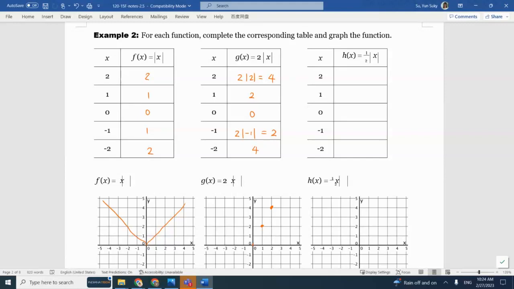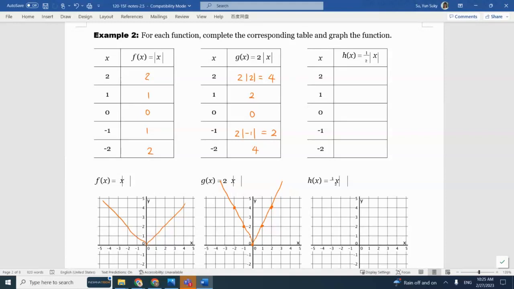Right? 0, 0. -1, 2. -2, 4. Connect all those points together. Do you see the shape change? The shape change. Okay, very good.